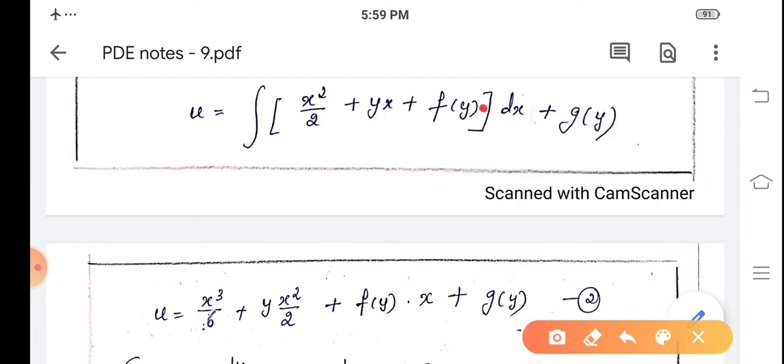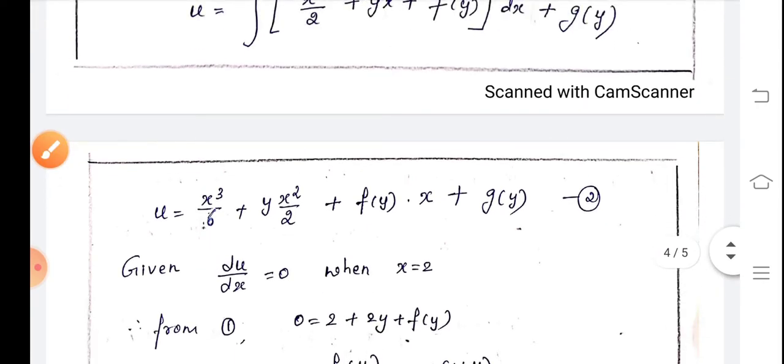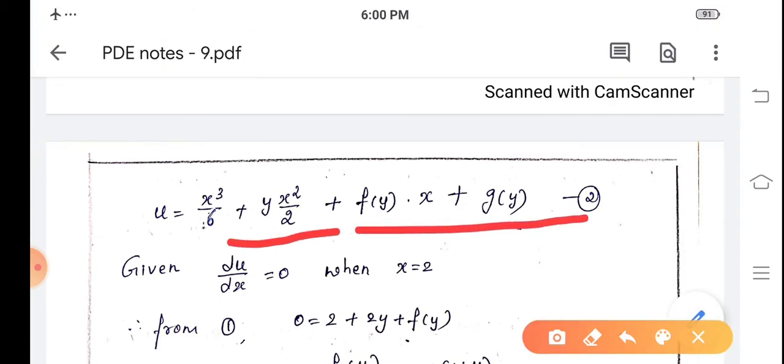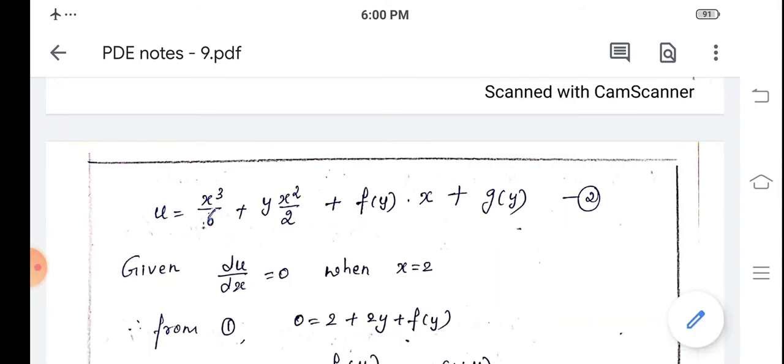Here f of y is a y term, it is constant, so f of y into integration of dx, that is x, plus g of y. So we are getting u is equal to x cube by 6 plus y into x square by 2 plus f of y into x plus g of y. Take it as equation number 2.